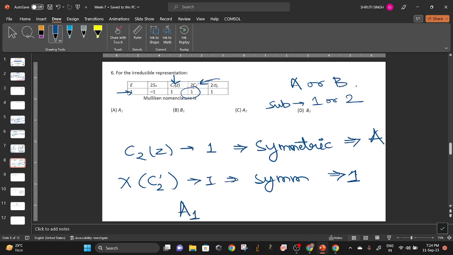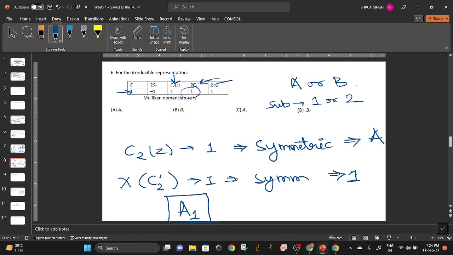Okay, next thing is we check the molecular plane or the perpendicular plane. But in this case, this plane is parallel to the principal axis, so we don't need to take this one. So the symbol will be only this much. There is no molecular plane, so we don't have to go further.